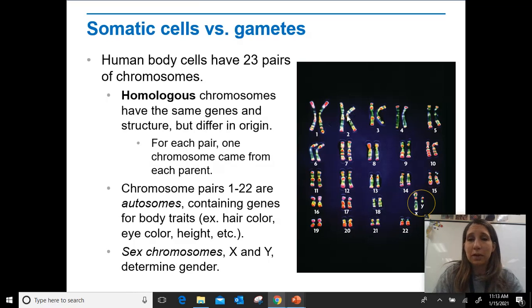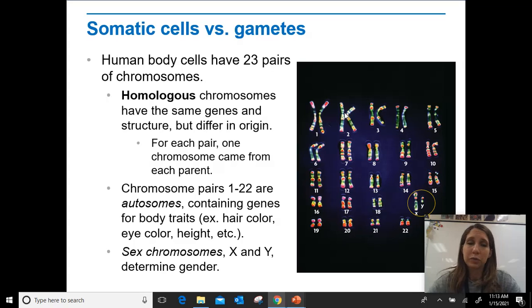But the difference could be maybe dad donated the gene or the allele for brown eye color, and maybe mom donates the gene or the allele for blue eye color. And we'll talk about what alleles are if you've not heard of that term before. Okay, but we call these homologous because they're essentially the same general shape, structure, genes. What differs is where they originally came from, whether they came from mom or from dad, okay?